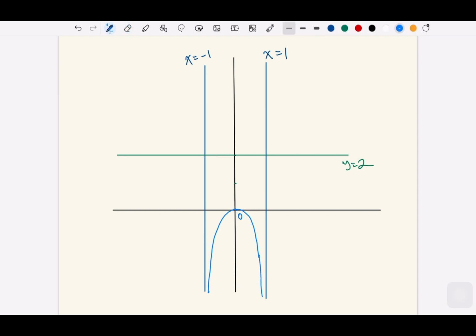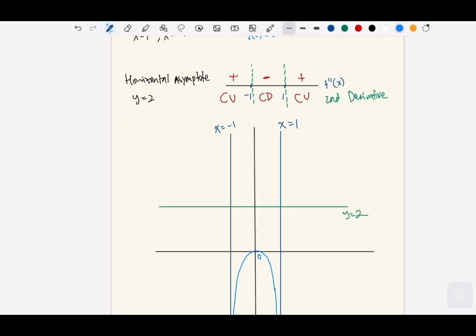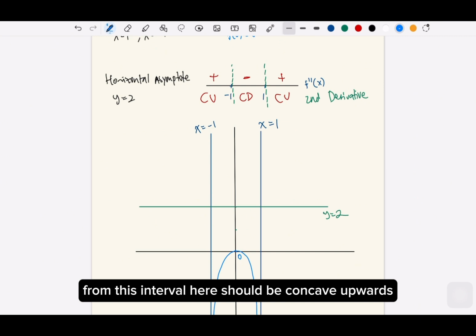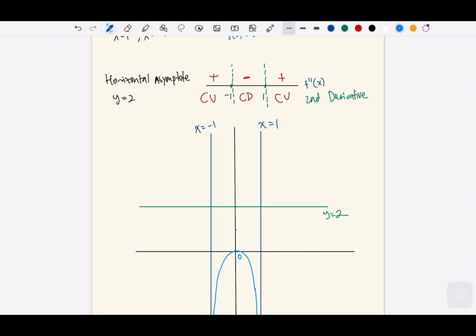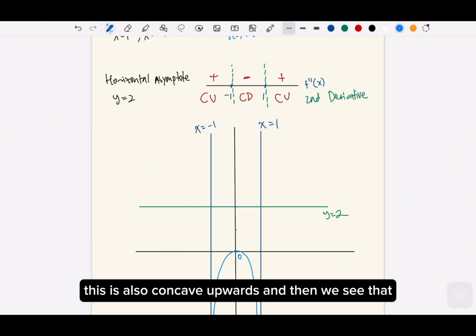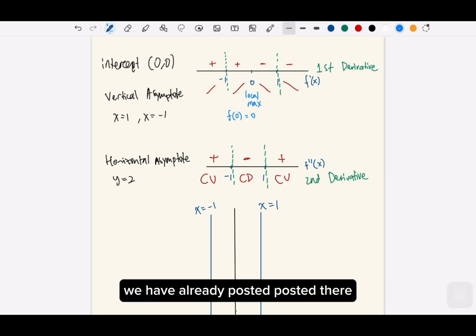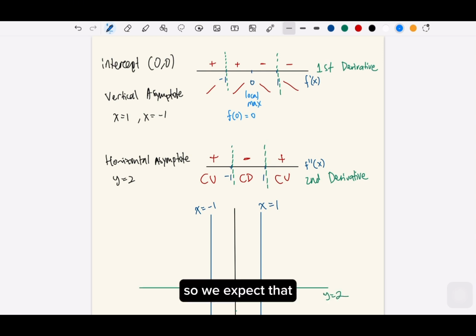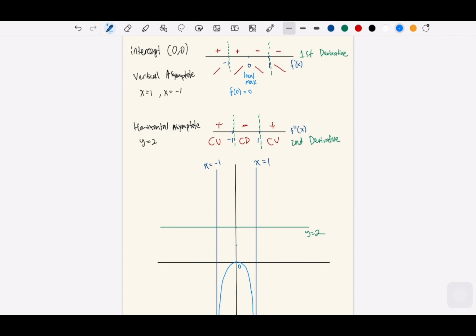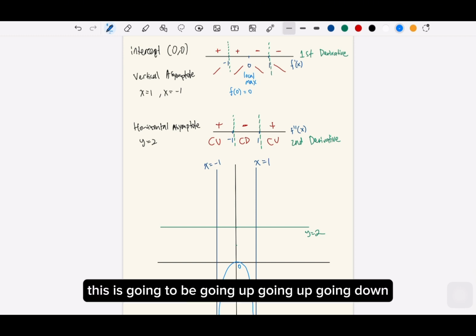And then from this interval here should be concave upward. This is also concave upward. And we see it's positive, positive, so we expect that it is going up, going up, going down, going down, precisely the same as the first derivative. Up, up, down, down.